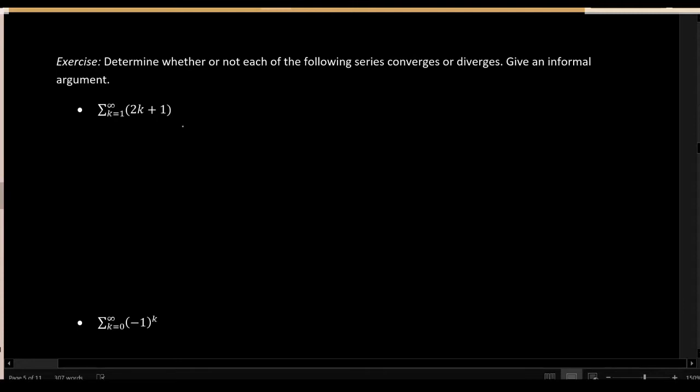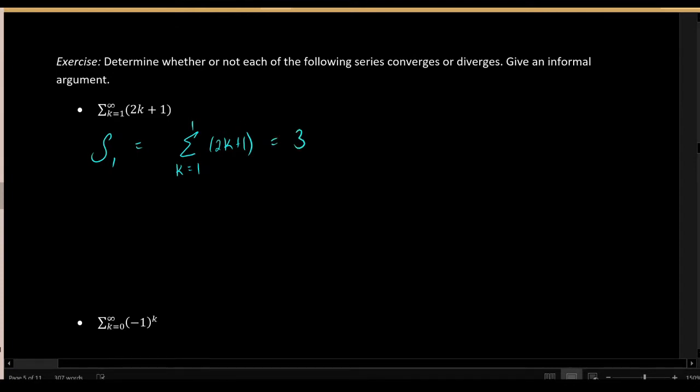So, let's calculate the first partial sum, where we're just adding as k goes from 1 up to 1. Now if I plug k equals 1 into this formula, I get 2 times 1 plus 1, so that's just 3.